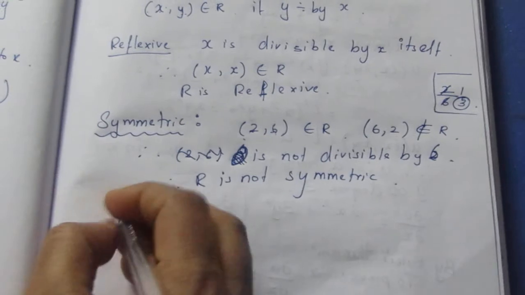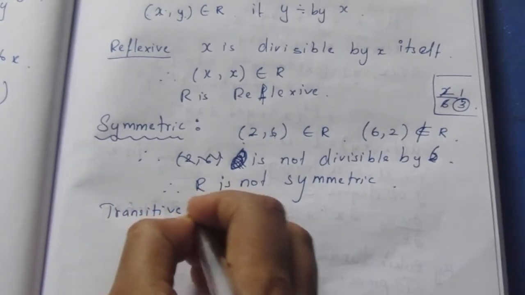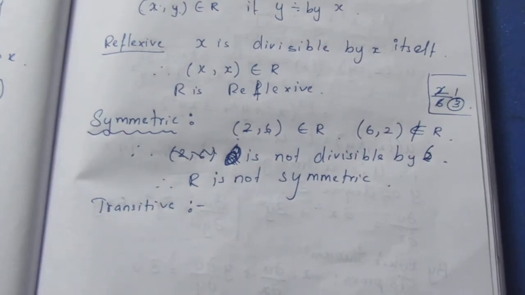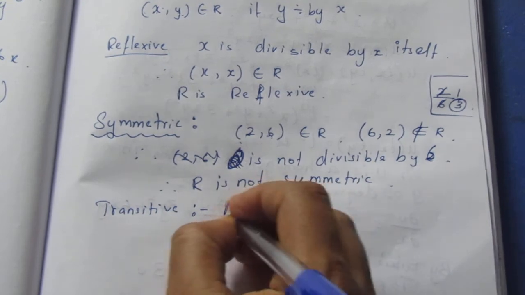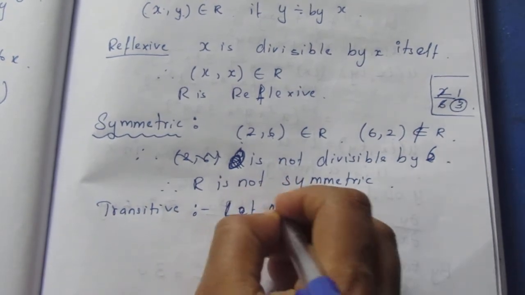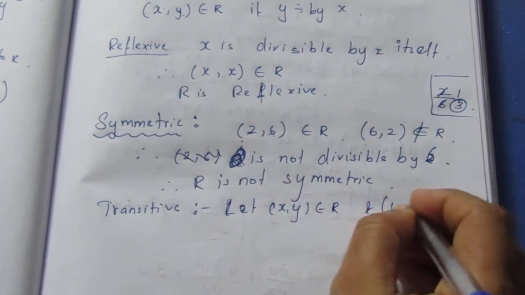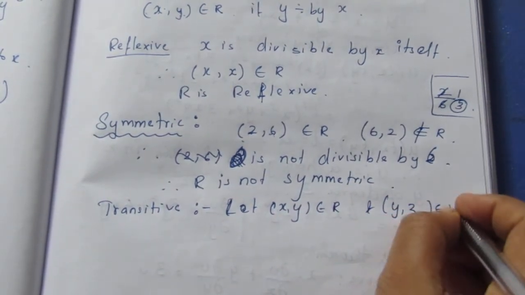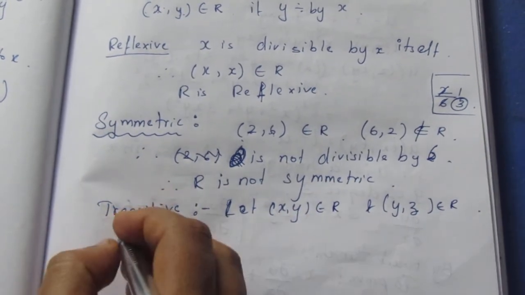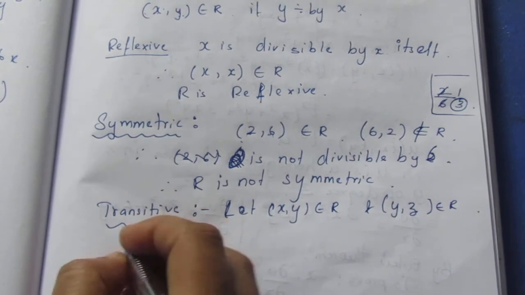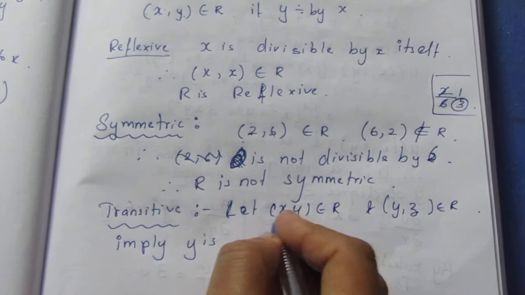Now we'll move on to transitive. For transitive, let me take an example of x, y, z. Let (x, y) belongs to R and (y, z) belongs to R. That means this implies that y is divisible by x.